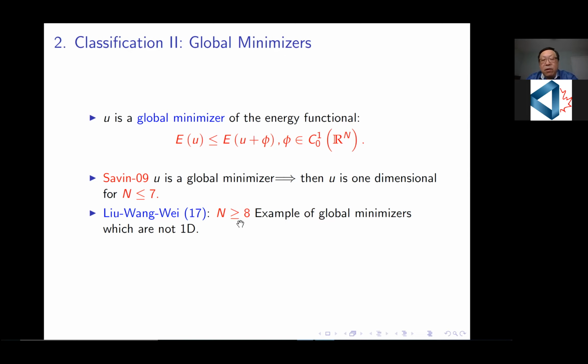So when n equals 8, we have an example of a global minimizer which is not one-dimensional. So in terms of global minimizers, we have a complete classification, and there's no extra condition. For n less than or equal to 7 it is true, for n equal to 8 it is not true. This is the complete classification result for the Allen-Cahn equation.